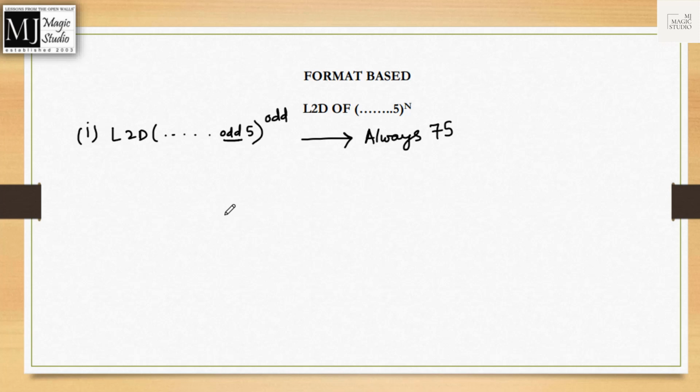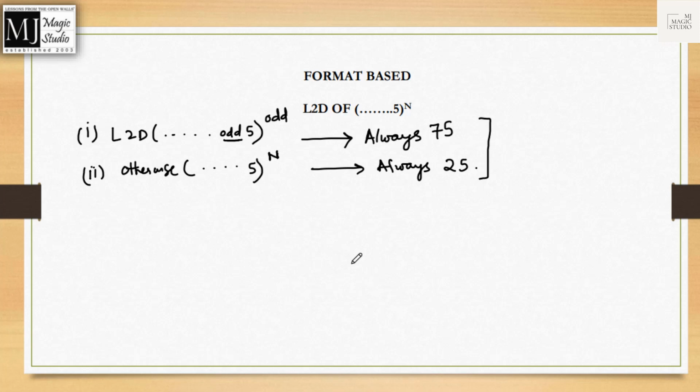Second, otherwise, for any number ending with 5 to the power n, the last two digits are always 25. That's it. This is for numbers ending with 5.